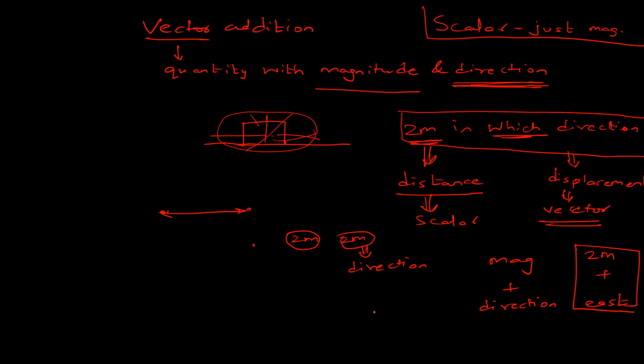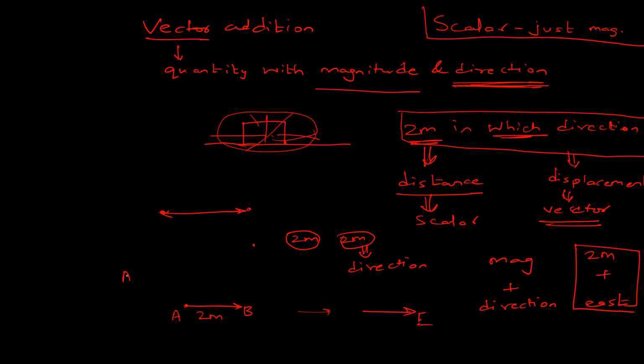Let's say this is the east direction. From this point, let's say from A to B, this is 2 meters. So that is a vector because it is pointing in the east direction, and it has magnitude 2.